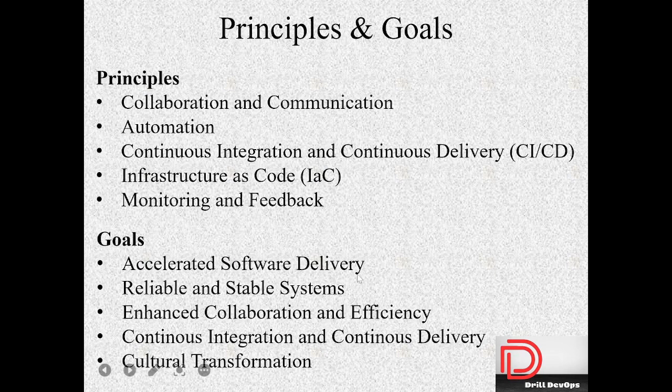And then reliable and stable systems. This means we cannot have any failovers or incidents from the end users. How well we are equipped, or how well we mitigate downtime, is where our system reliability and stability matters. So DevOps focuses on resolving or restoring the services quickly with continuous monitoring and automated rollback mechanisms.